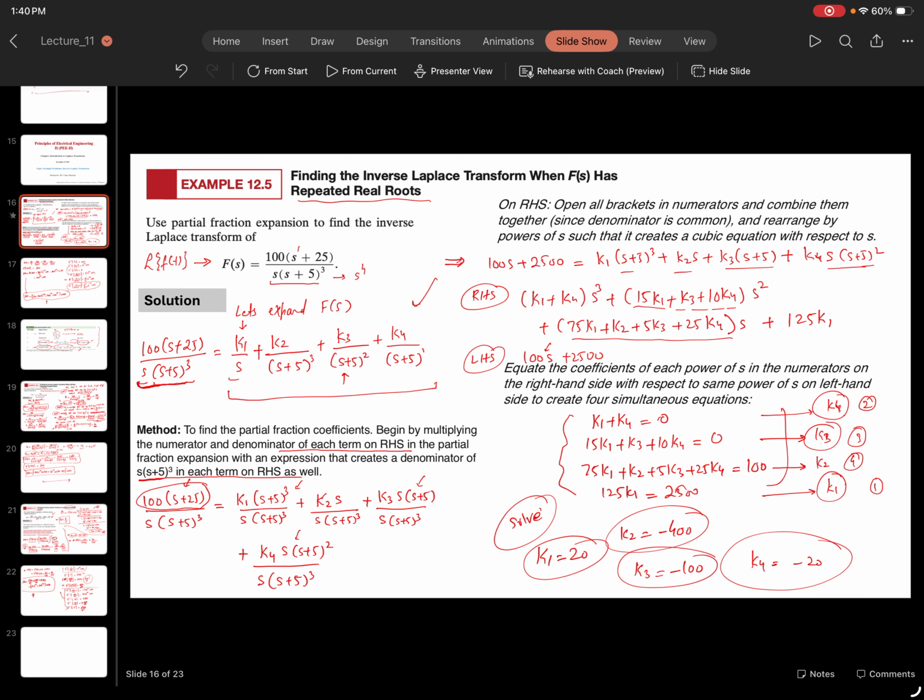With this, I hope that you guys learned a lot. This entire lecture was, in summary, to simplify your Laplace transformed equations using partial fractions, and then take an inverse transform to find the time domain expressions.